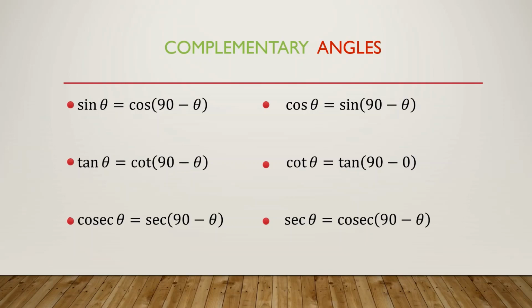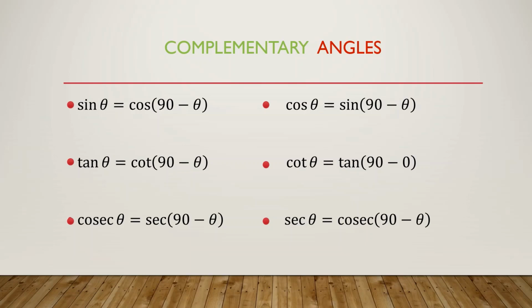Cos theta is equal to sine of 90 minus theta. Tan theta is equal to cot of 90 minus theta, and cot theta is equal to tan of 90 minus theta. We can also find out that cosec theta is equal to sec of 90 minus theta, and sec theta is equal to cosec of 90 minus theta.